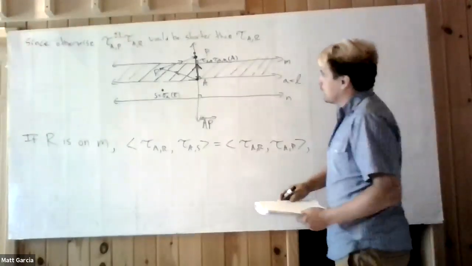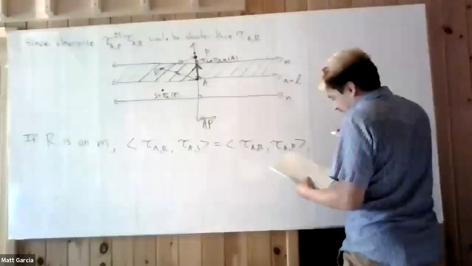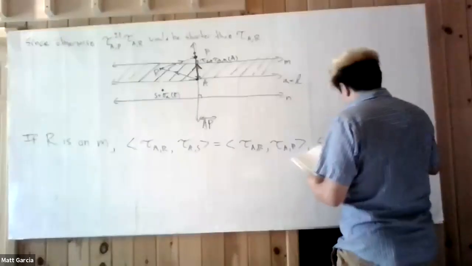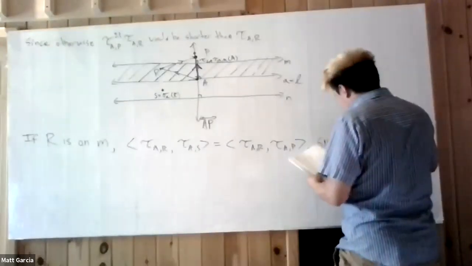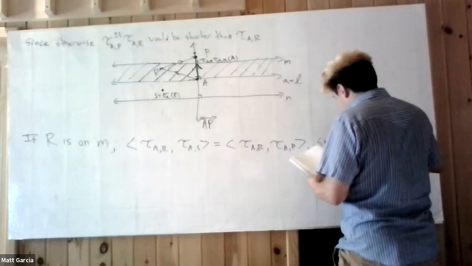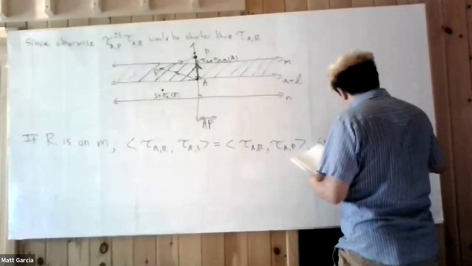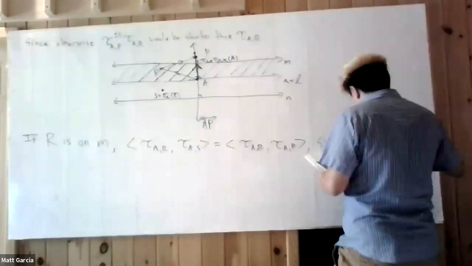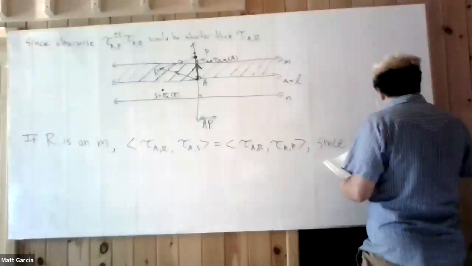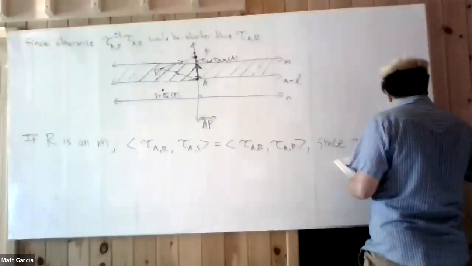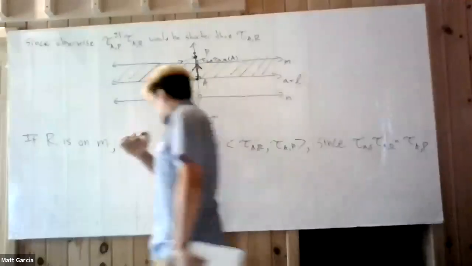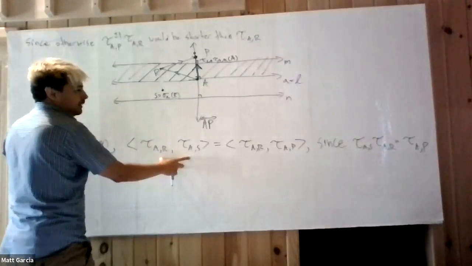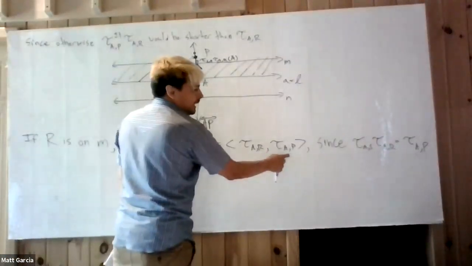Well, let me just write this algebraically first, since we must have the relationship that tau sub A comma S times tau sub A comma R is equal to tau sub A comma P. That is to say, the product of these two generators gives me this.